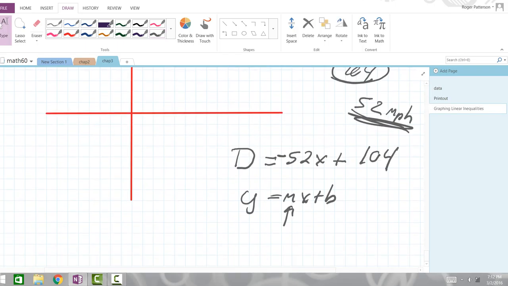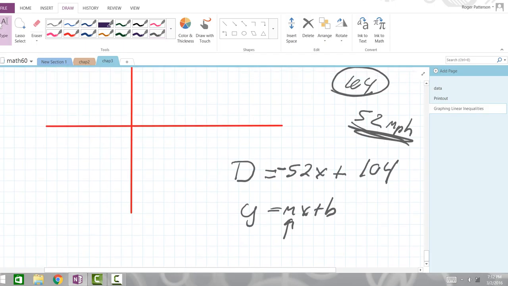This has to be a negative 52 because D represents the distance to my house. In the beginning we're 104 miles away, correct? After 1 hour, I'm going to take 52 and subtract it from 104 because I'm going to be 52 miles closer to getting home. Does that make sense? That's why I have to make it a negative. If I make it a positive, then I'm going to be 156 miles away, which means I'm going to California.